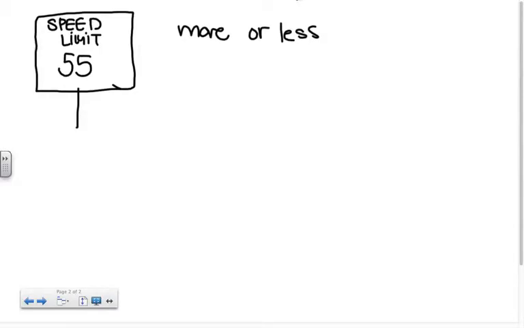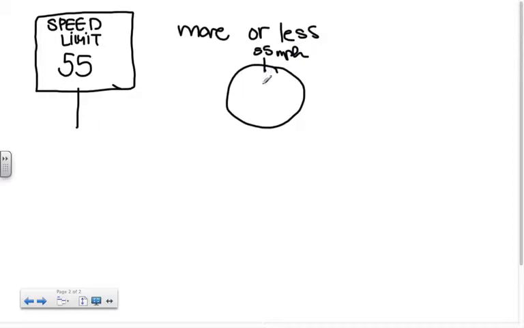So I can either be more, less, or directly at 55. And in light of this is kind of how I want to approach limits, from a more or less point of view. Okay. So on your speedometer, which looks something like this, here is 55 miles an hour.